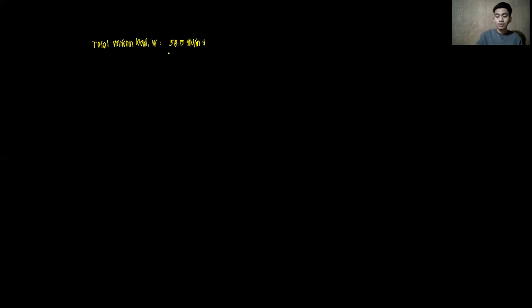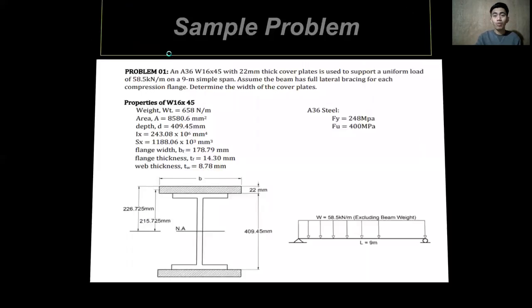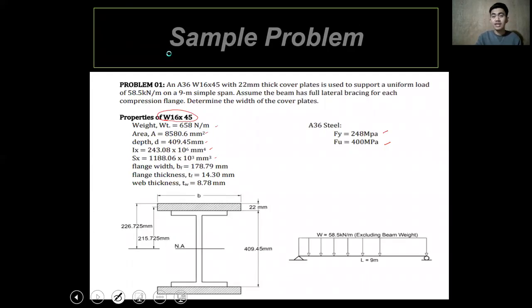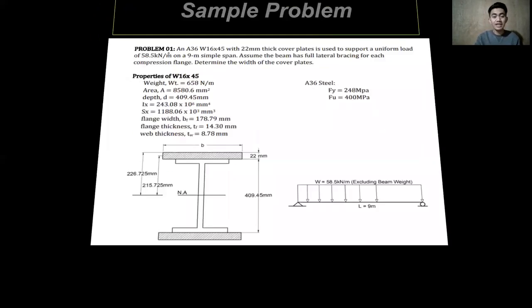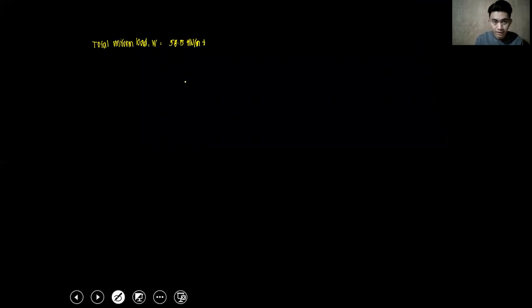Plus, this is not the only load imposed on the section. What else? We need to consider the weight of the W16 by 45 steel section. Its weight is 658 Newton meter. However, this is in Newton, so divide that by 1,000. So I will have 0.658 kilonewton meter.